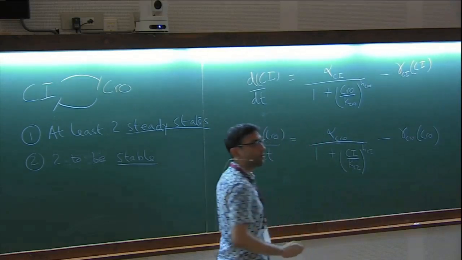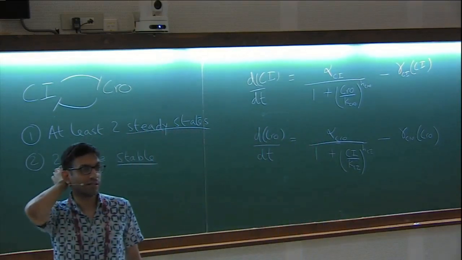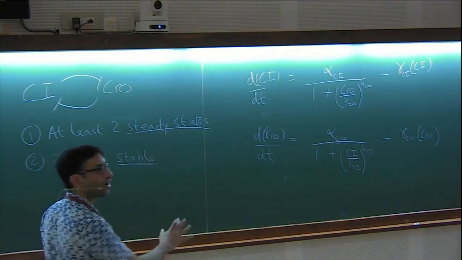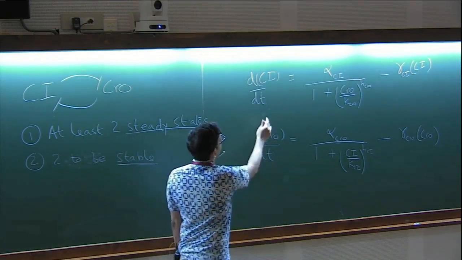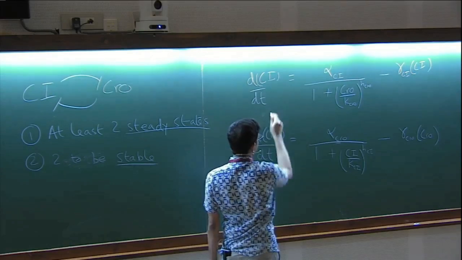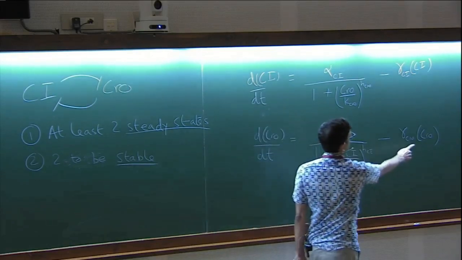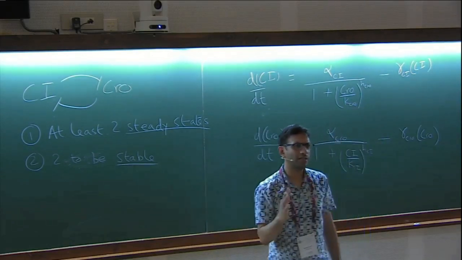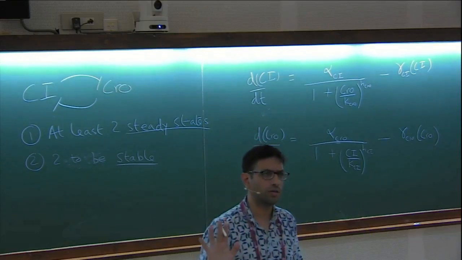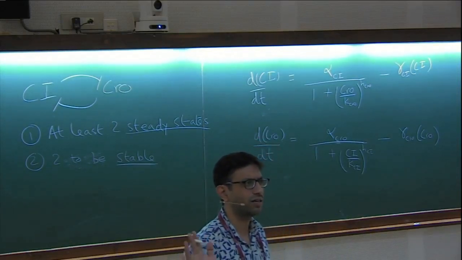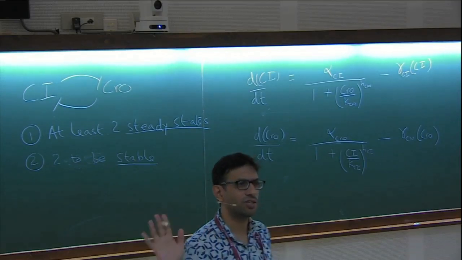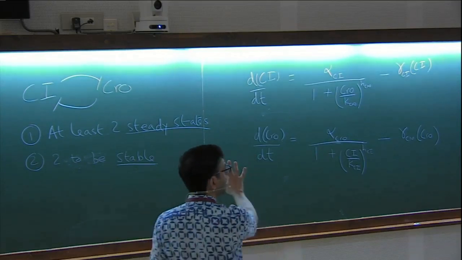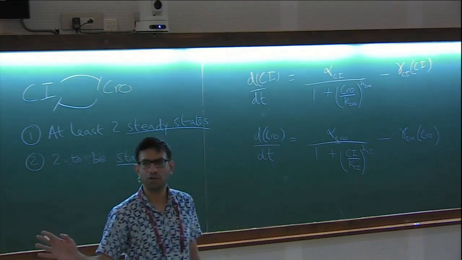How many people are familiar with these kind of equations? For those of you who are not, on the left-hand side, this quantity C1, Cro, wherever it appears, represents the concentration or number. It doesn't really matter at the level I'm going to discuss it. It represents, say, the concentration of C1 in the infected cell and the concentration of Cro.